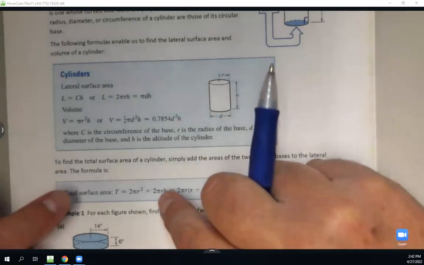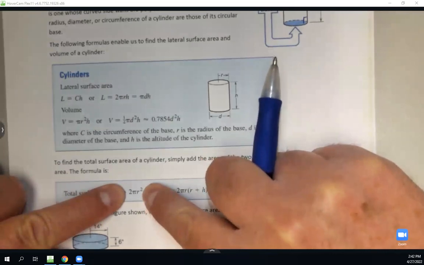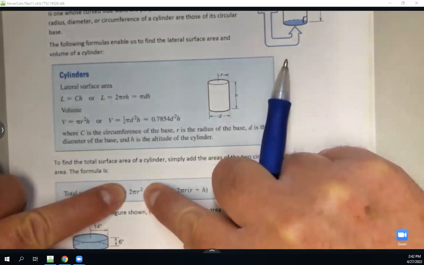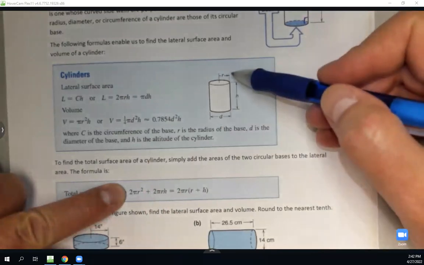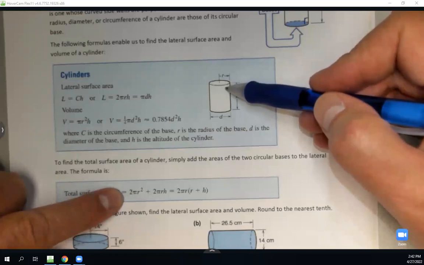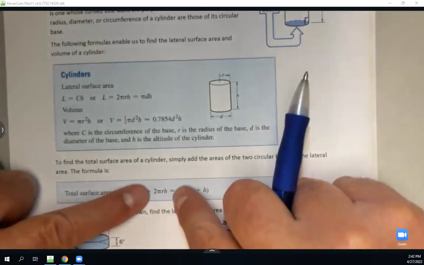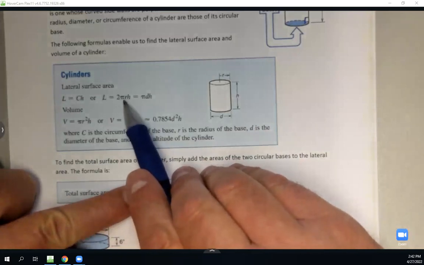Okay, so again, in that formula, 2 pi r square is the area of the 2 circles. Like that circle would be pi r square, and you got 2 of them. And then the 2 pi r h, that right there is the lateral surface area.